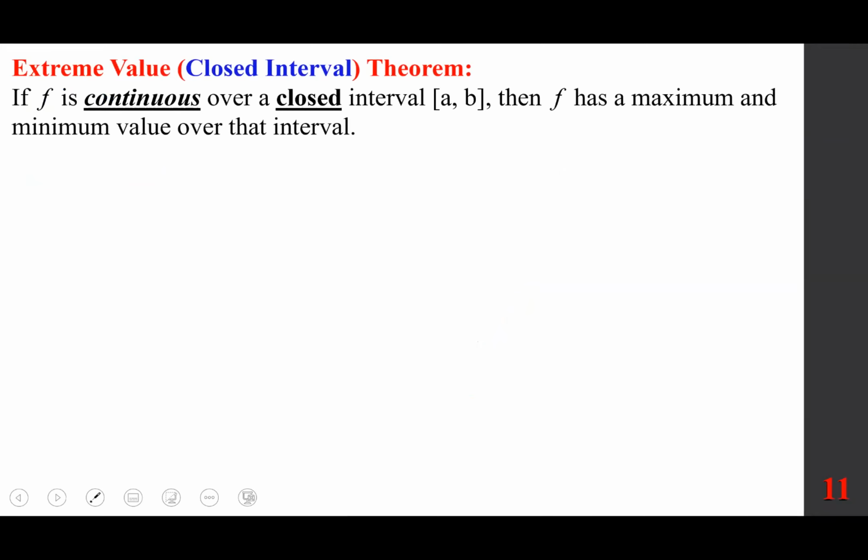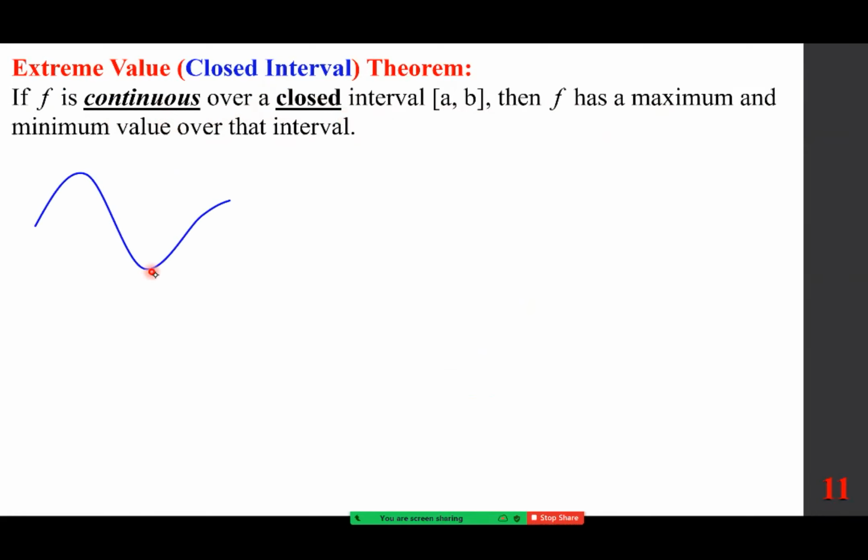Extreme value or closed interval theorem. If f is a continuous function over a closed interval of a to b, then f has a maximum and minimum value over that interval. So the keys are number one, continuity, number two, closedness. So it has to be a continuous function and we have to have a closed interval. So take a look at this case.